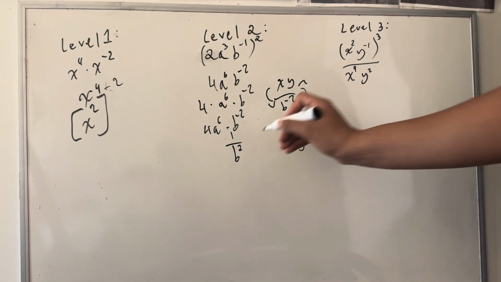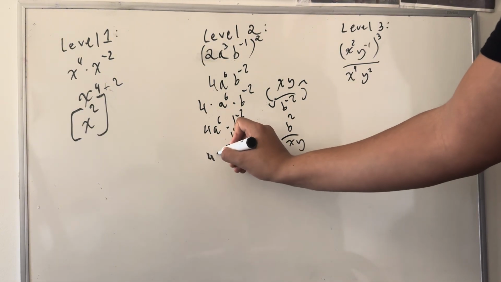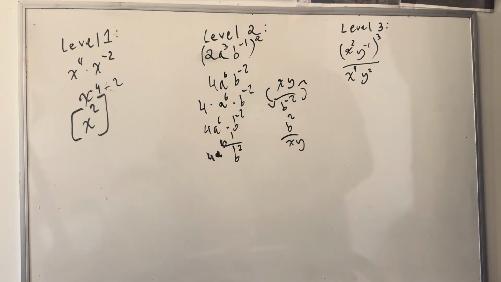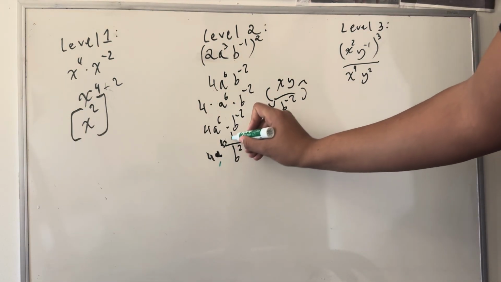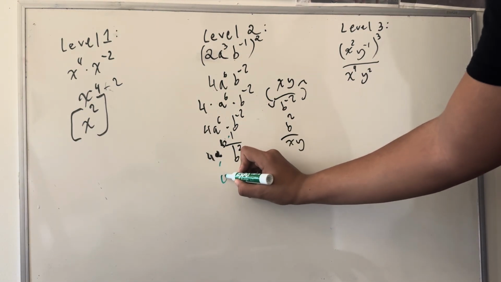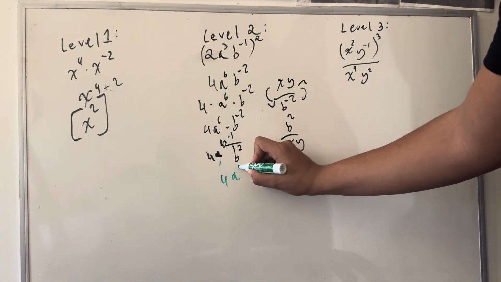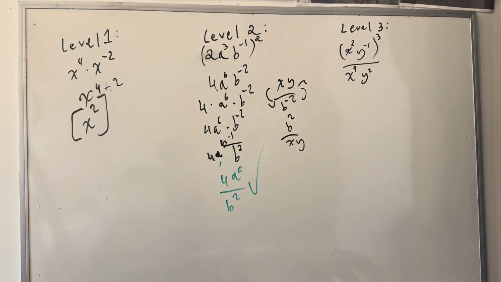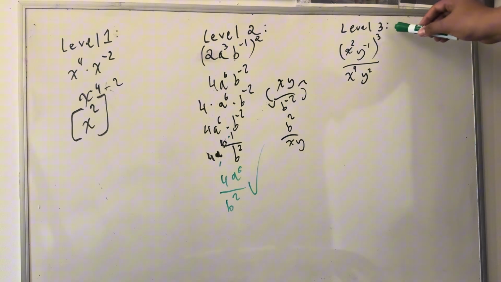So now we just have b squared over 1 times 4a^6. And then what's left is just to multiply the fractions. Multiply this by 1. So now we're left with 4a to the power of 6 over b squared. For the third problem, don't be afraid of this.